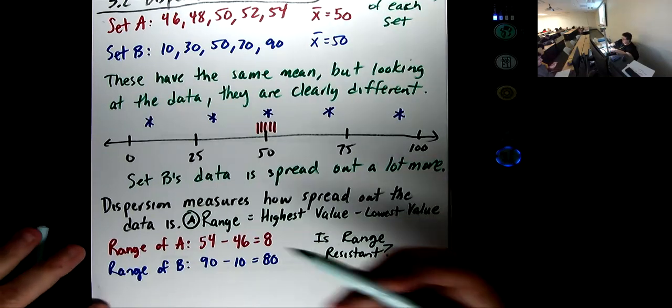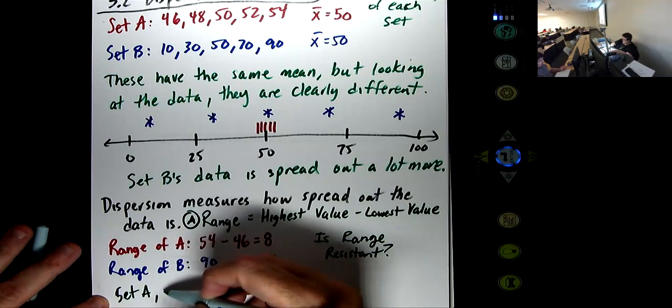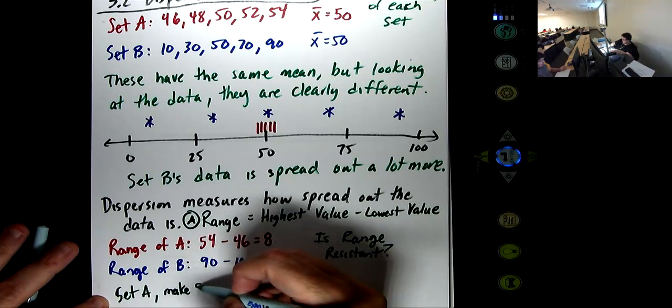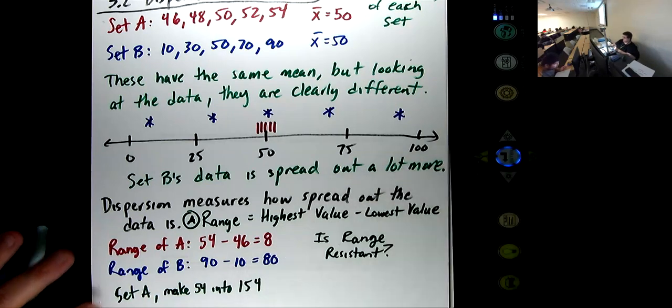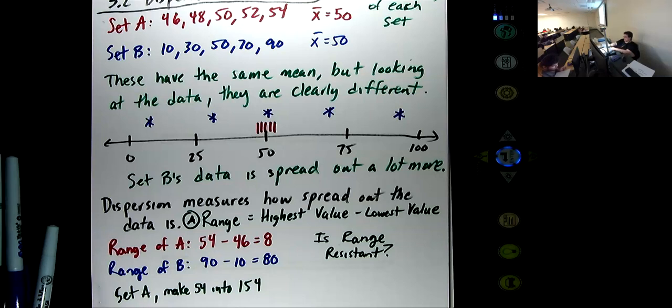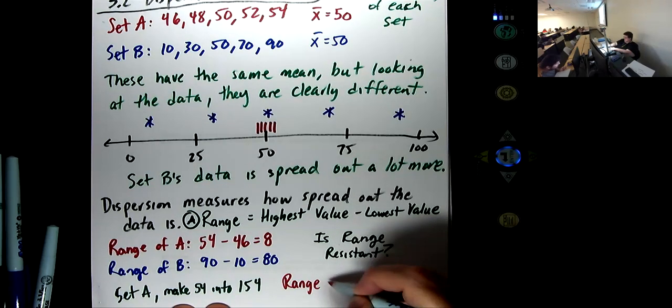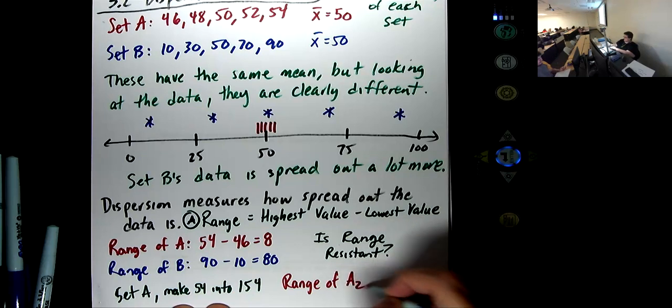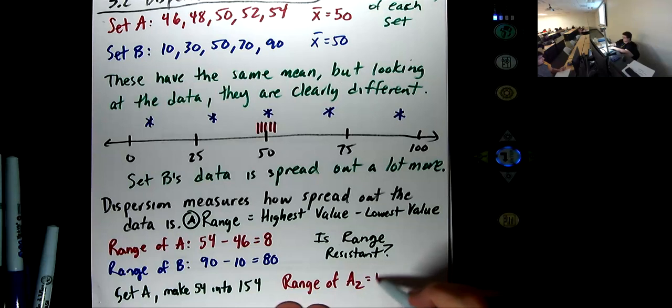Let's change A, make 54 into 154. And now when I recompute the range of A, let's call it A2, just to make it a little bit different. I have 154 minus 46 is 108.